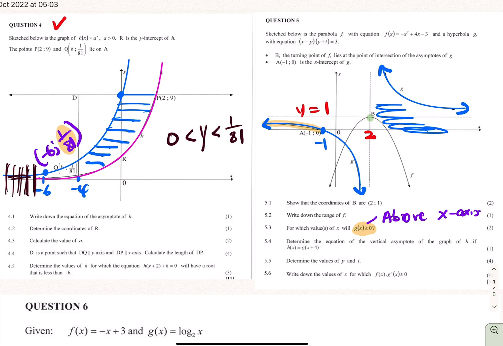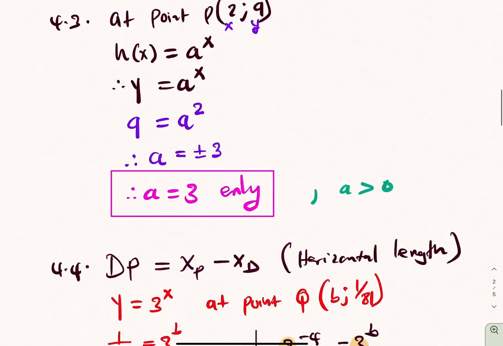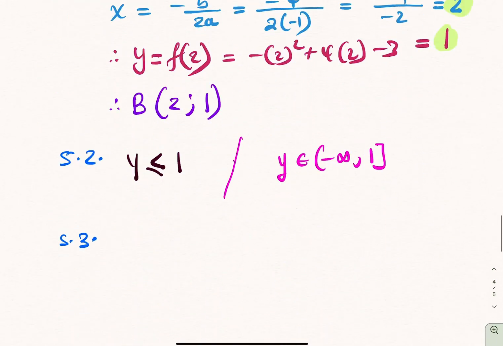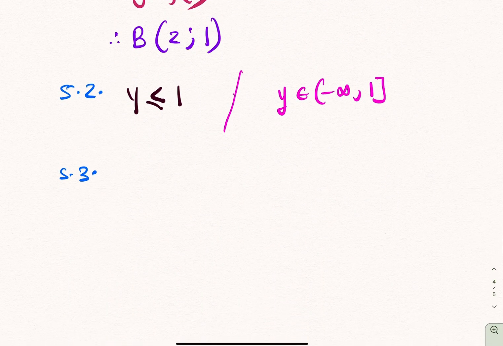Let me just delete this one. In this region, this branch is above the x-axis, but it's from when x is equal to 2 upwards. All right. So if you interpret that, you say that your x is less than or equal to -1, or x is going to be bigger than 2.